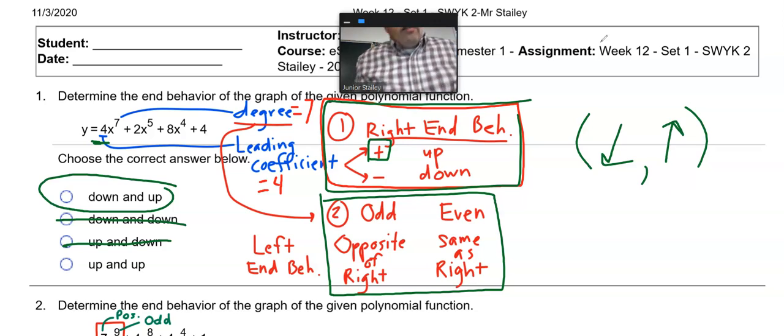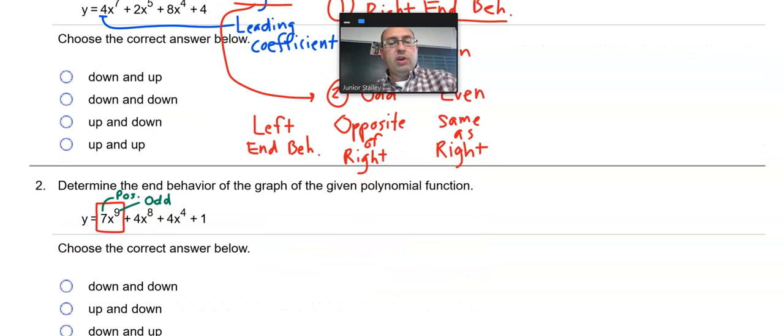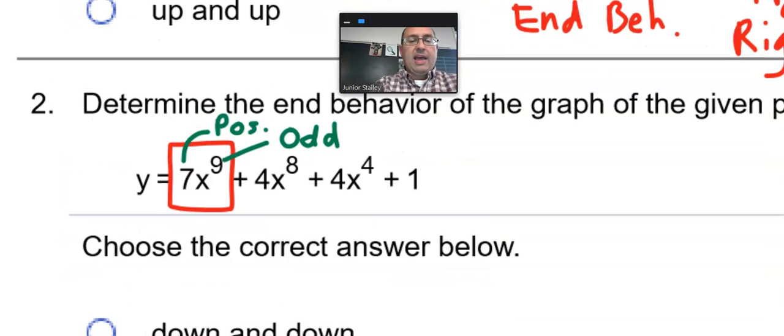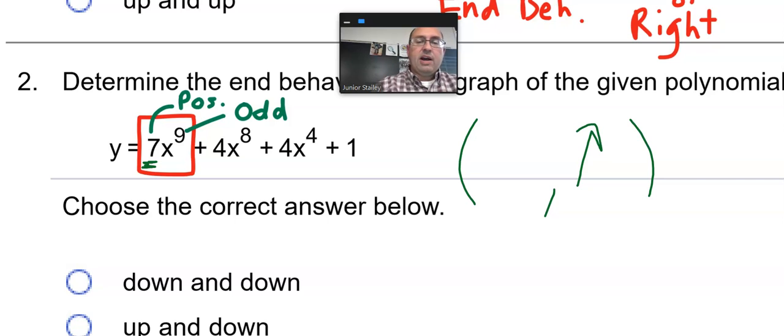So we made our decision on the end behavior. We'll use this criteria as we go, always looking at that lead term. That lead term tells us everything we need to know. We've got a positive 7, so the right end behavior is up. We have an odd degree, so the left is opposite.